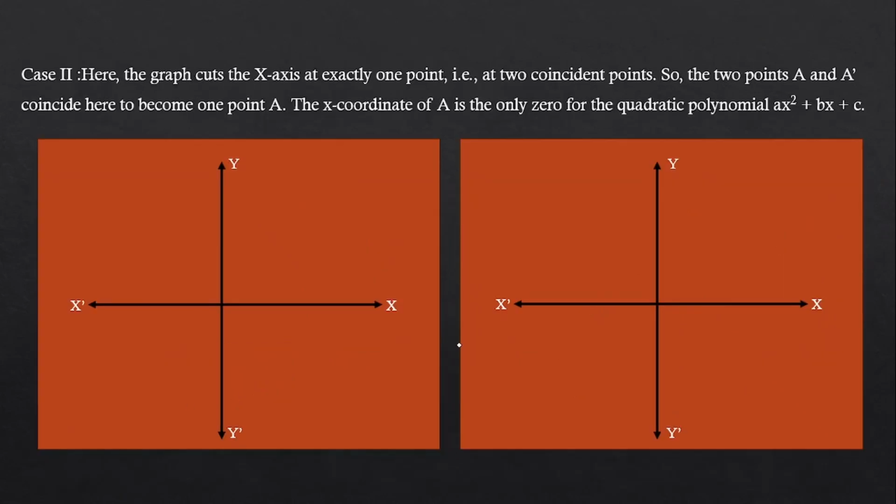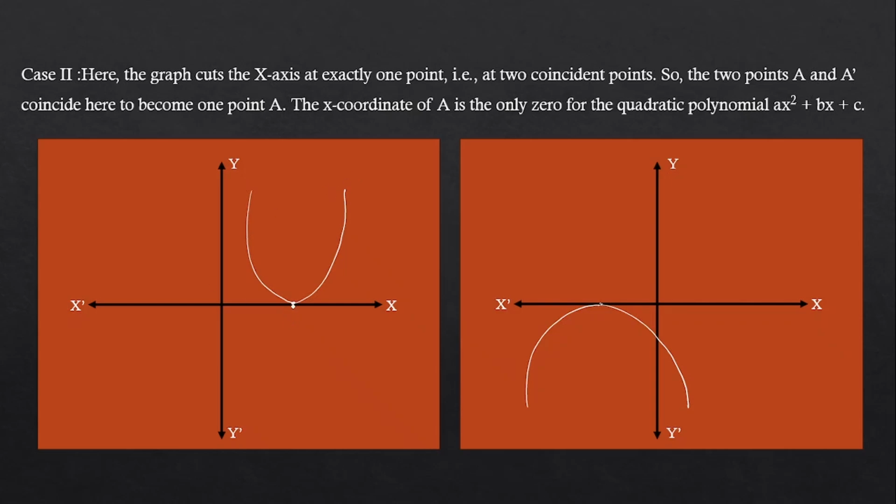Now we move on to case 2. Here, we assume that the graph cuts the x-axis at exactly 1 point. How do I draw the graph in this case? This is how the graph looks. It is either like this or like this. So what is happening here? It is just touching the x-axis at only one point.